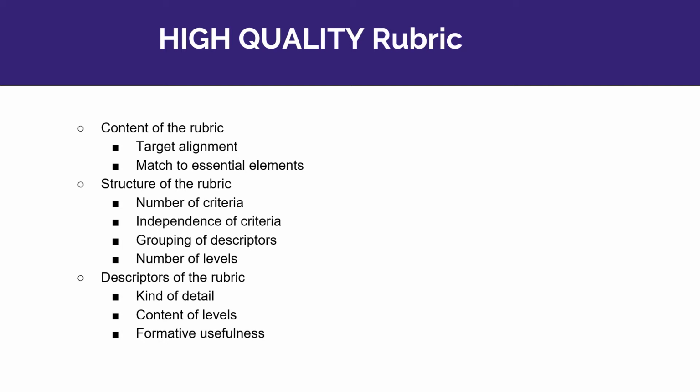To close, the descriptors of the rubric include kind of detail, which means description references attributes of performance without judgment, content levels, which makes sure that the content is still consistent, informative usefulness, informative context, the descriptions point out the way to better perform.